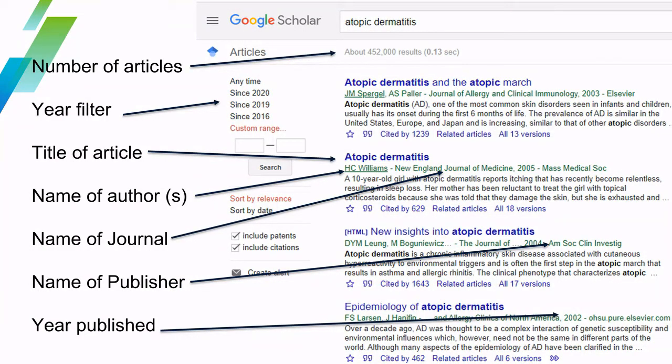Google Scholar is another example of an indexing service. Google Scholar provides a simple way to broadly search for scholarly literature. With the same search term, it gives us a huge number of articles. And it provides much detail about these articles, like the title of the article and journal, names of authors and publishers, and the year the article or book was published.